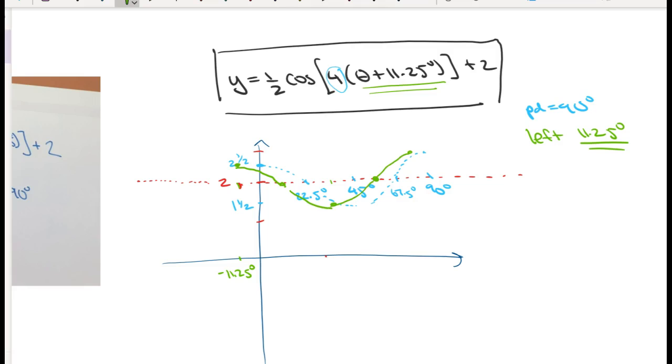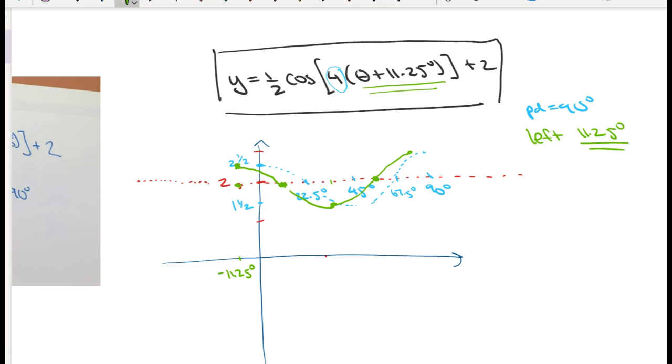Now, you'll remember from tests, again, what I always like to have is I like to have your axis of the wave marked at these values. So this is the value, right? This high point occurs at negative 11.25 degrees, all right?